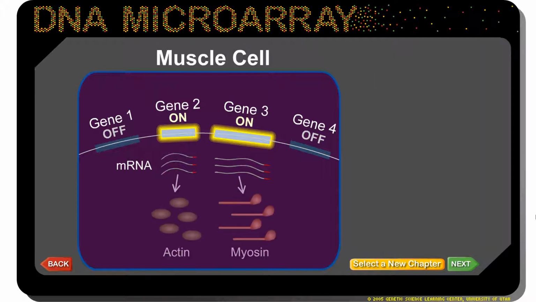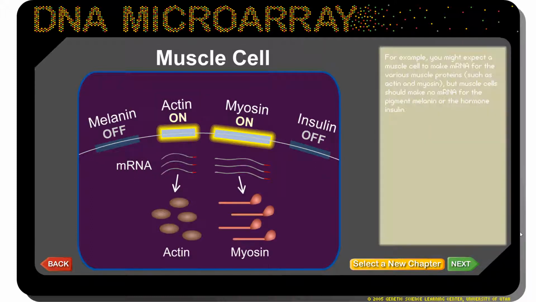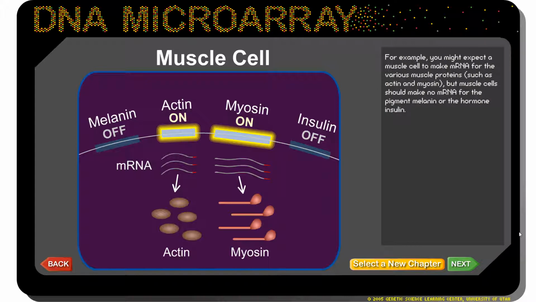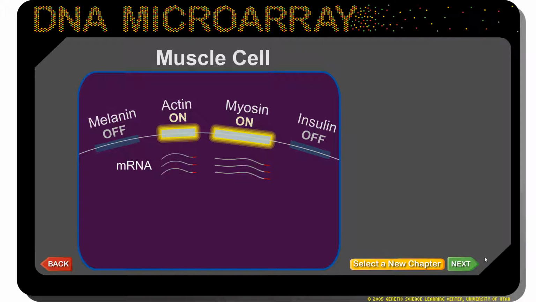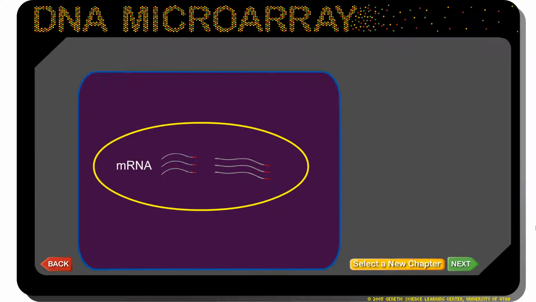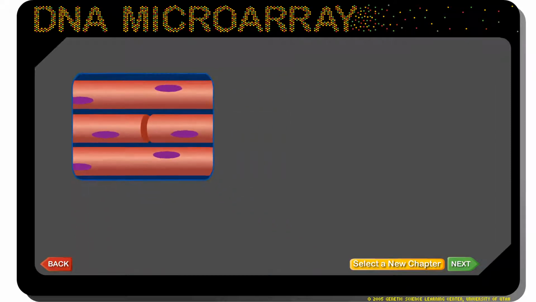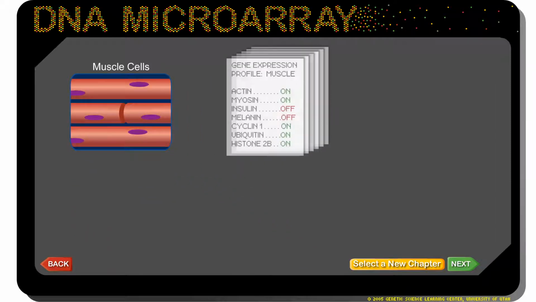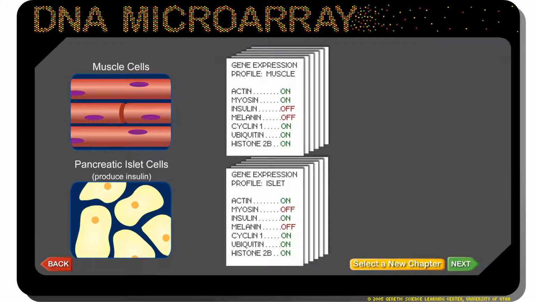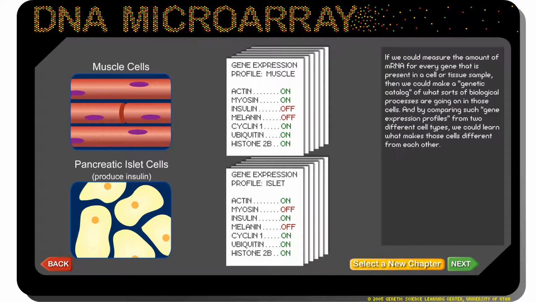So meaning if we have a cell sample, we only know that a particular gene is active in the cells if there are messenger RNAs present inside the cells. Meaning the genes are being transcribed and used to make proteins. That particular gene is being expressed, so to speak. We have here examples. A muscle cell has the proteins actin and myosin active, while the insulin and the melanin genes are off.